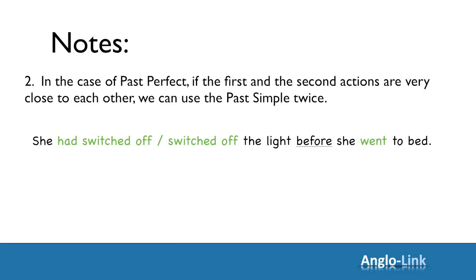You can say, she had switched off the light before she went to bed, or she switched off the light before she went to bed. Another example. I left as soon as we had finished. Because the two actions happened very close to each other, you can use the past simple tense twice. I left as soon as we finished.